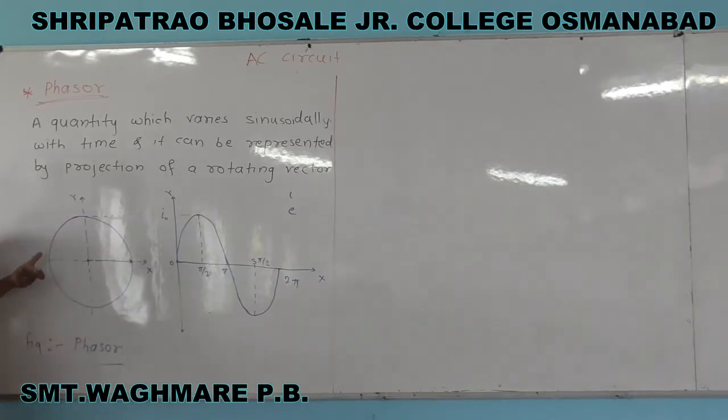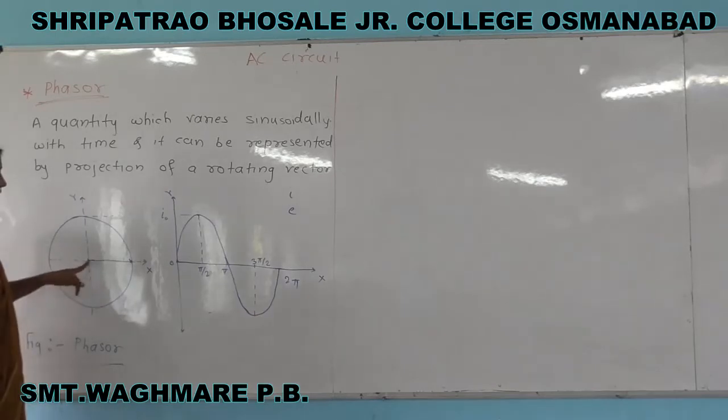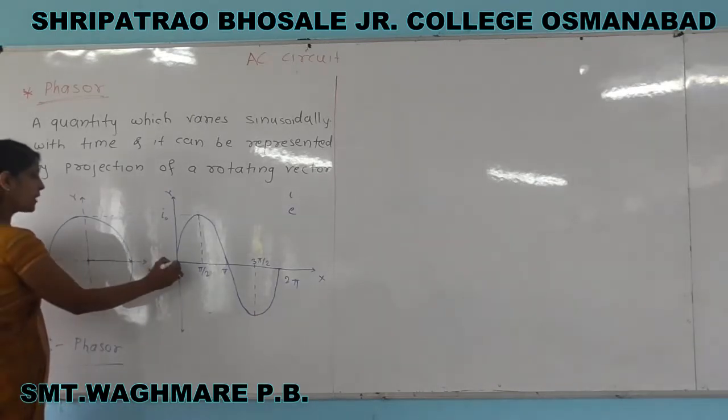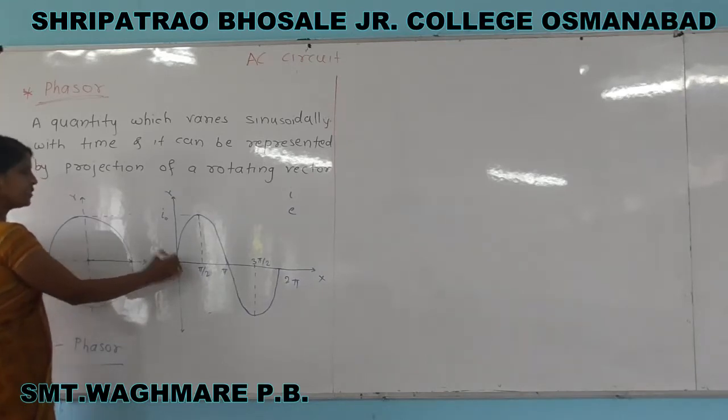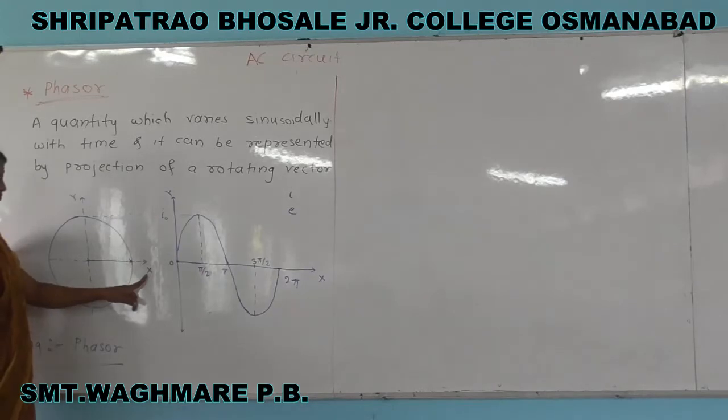Now we will represent this quantity in the form of the projection of a rotating vector. When this vector is at this position, that is the phase angle is equal to 0, at this time t is equal to 0, the vector is along the x-axis.